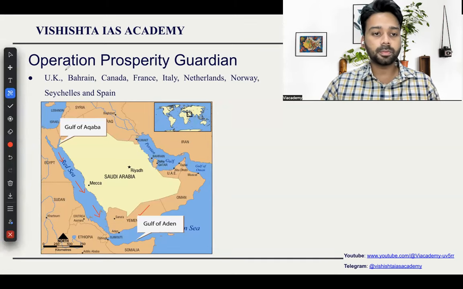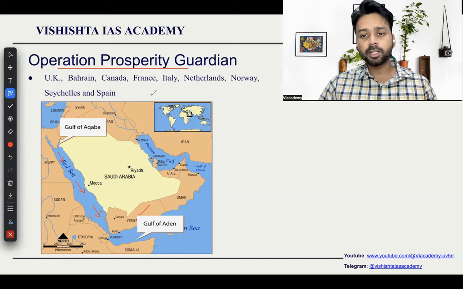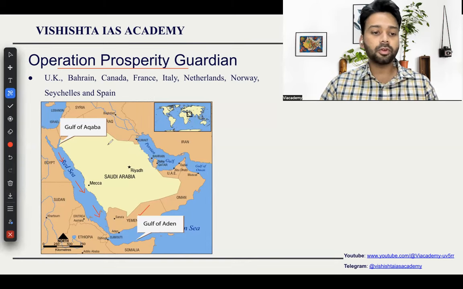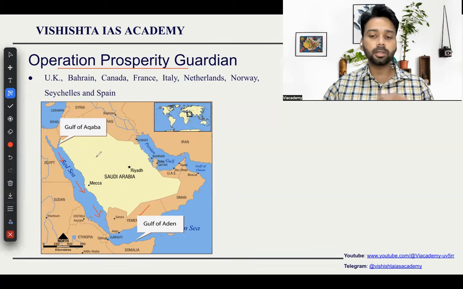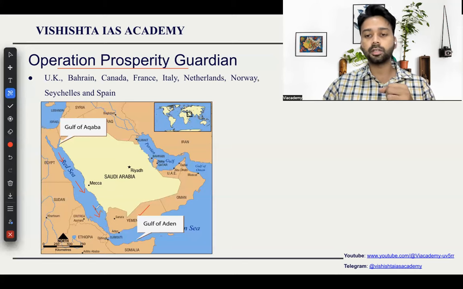Operation Prosperity Guardian has been started by these countries: the United Kingdom, Bahrain, Canada, France, Italy, Netherlands, Norway, Seychelles, and Spain. The major reason for this is to safeguard the Red Sea from the Houthi militias or any other extremist elements, because most of the trade related goods from the Mediterranean countries travel through the Red Sea only.